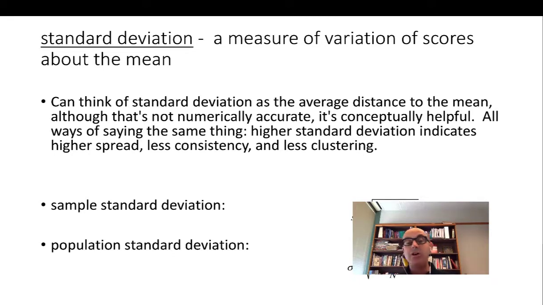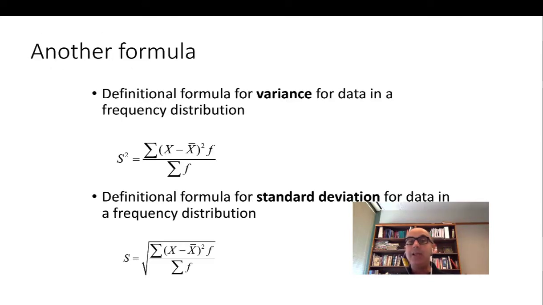In the case of sample and population, we always apply that into the formula in order to do that. An additional formula is the variance, and the variance is the following formula. It consists of x minus x-hat squared, multiplied by f, divided by the sum of f, and again the frequency distribution.